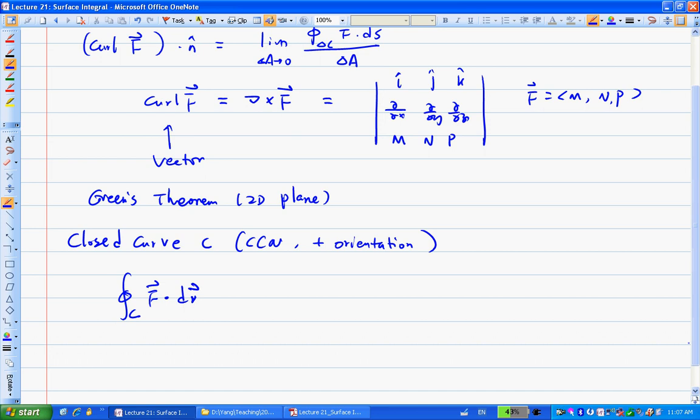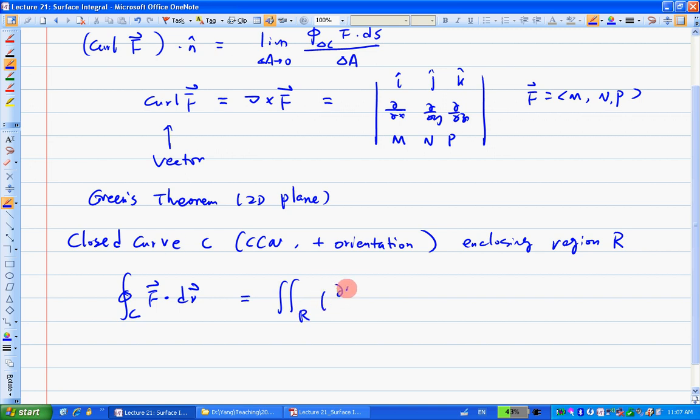So the Green theorem basically tells you that you don't calculate this line integral anymore. You calculate an associated double integral. This double integral is integrating over a region R, and the R is enclosed by this closed curve C. So what are we integrating?